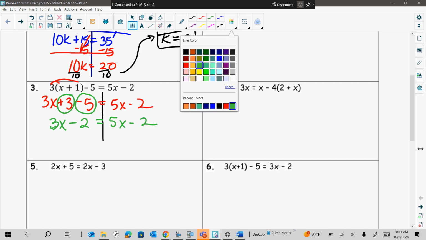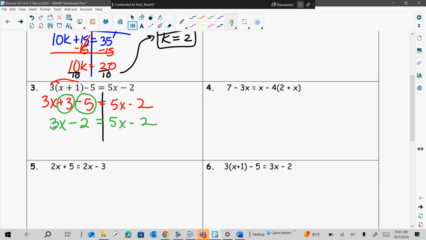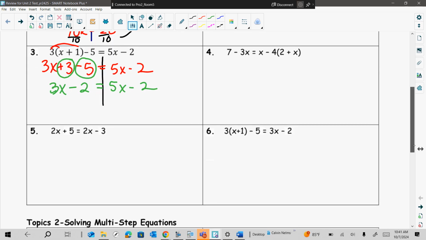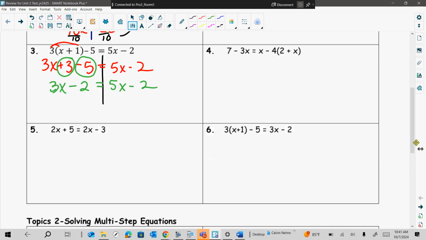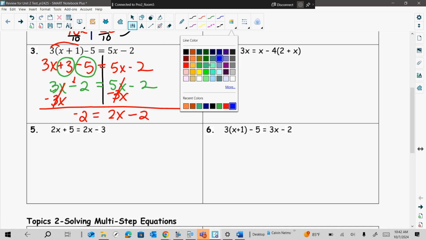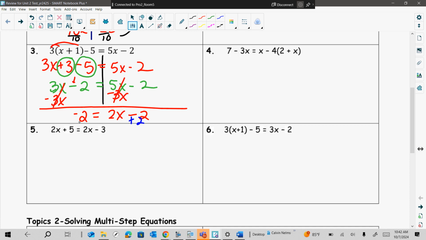All right, who recognized the next step? Yep, start with that smallest variable. Eliminate it by doing the opposite. So watch your signs. So this is a negative 2 equals 2x minus 2. Yep, you're going to add 2 on both sides to isolate the 2x term.